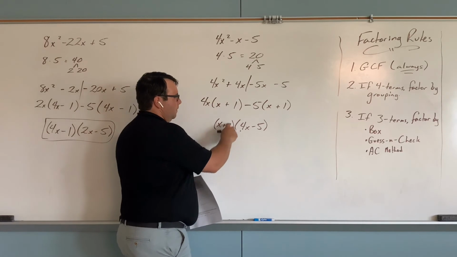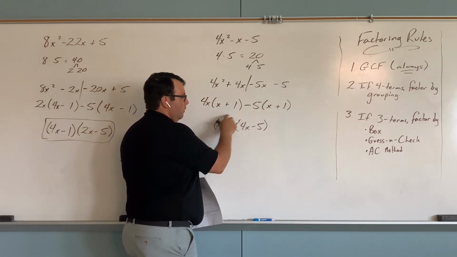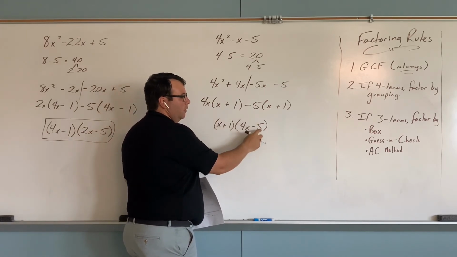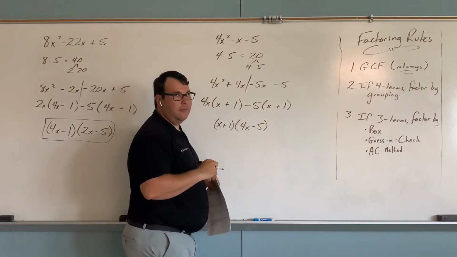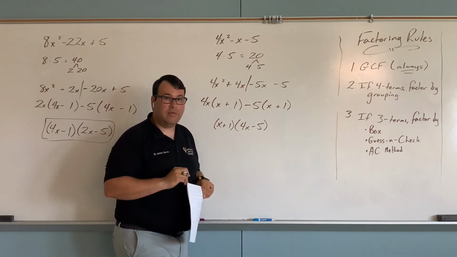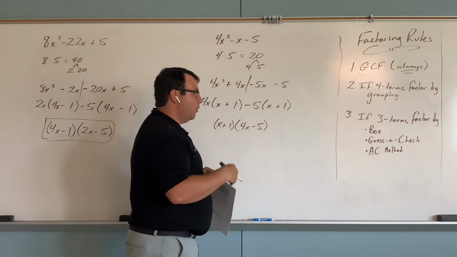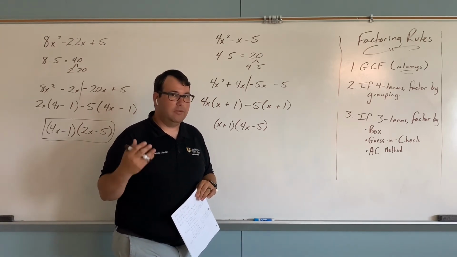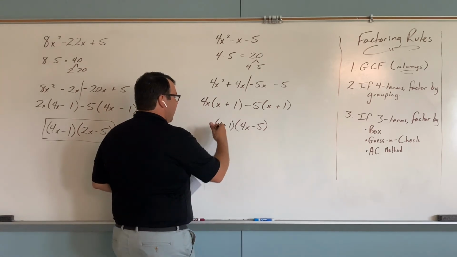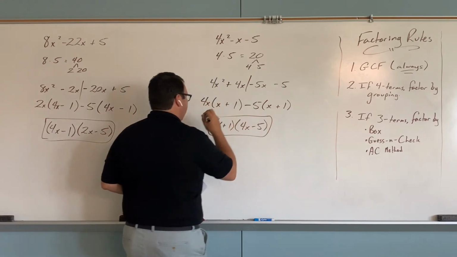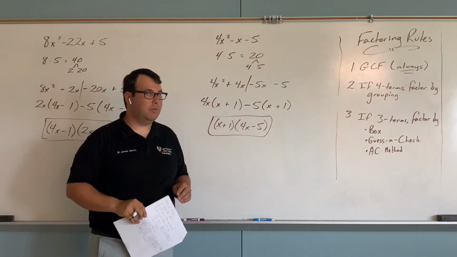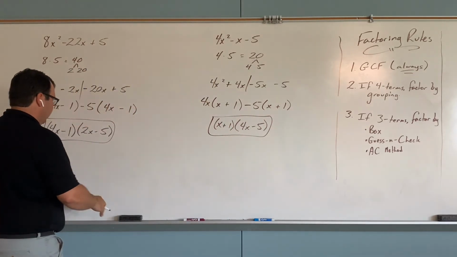So let's see. This is 4x. That would be 5x. That's my negative. So you can still use guess and check here. And of course, you can always multiply this back out to get the original problem. But AC method, again, works every single time, providing the problem is factorable.